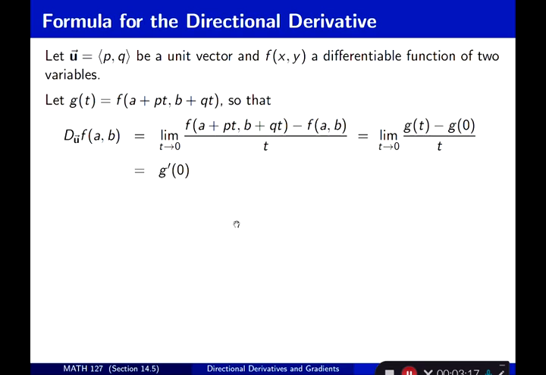But also g prime at 0 is going to be, by the chain rule, equal to p times partial of f with respect to x of a and b, and q times partial with respect to y of a and b. This kind of makes sense if you remember the Calc 1 implicit differentiation. A lot of examples we did with implicit differentiation work like that.